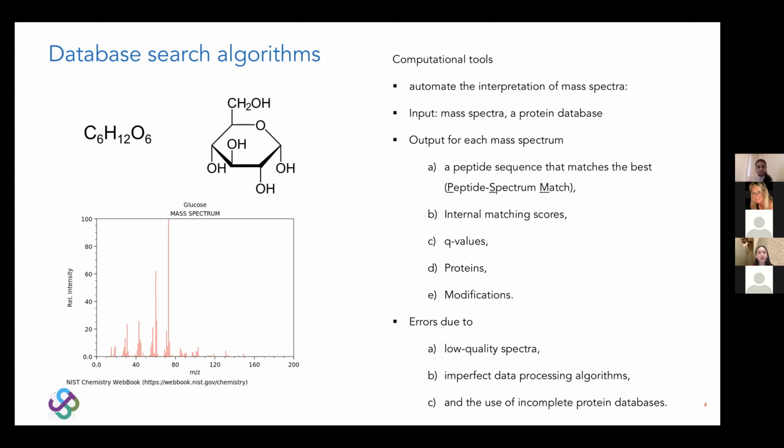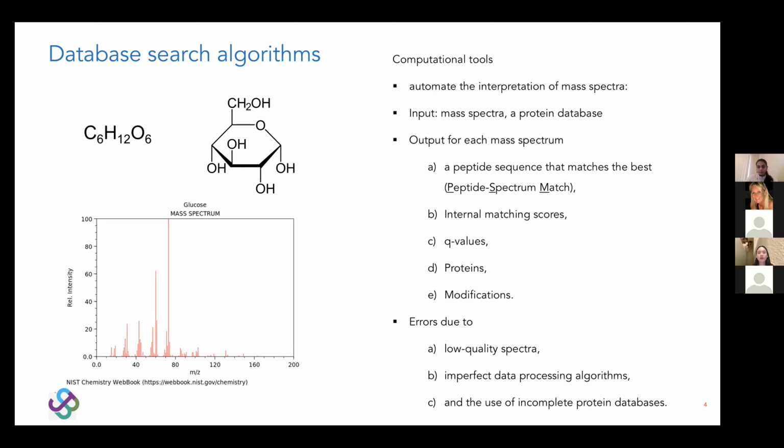In a typical shotgun proteomics experiment, often tens of thousands of mass spectra are generated from different peptides, so it's impossible to manually solve each of them. Therefore, people have developed database search algorithms, which are computational tools to automate the interpretation of mass spectra.